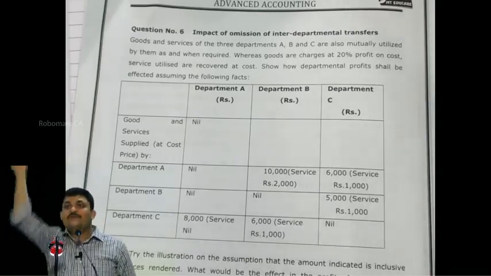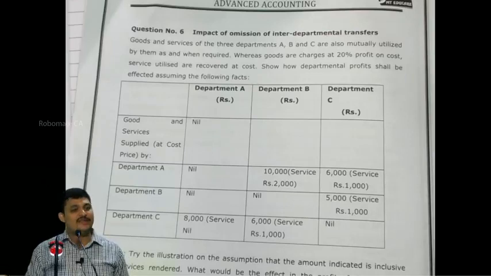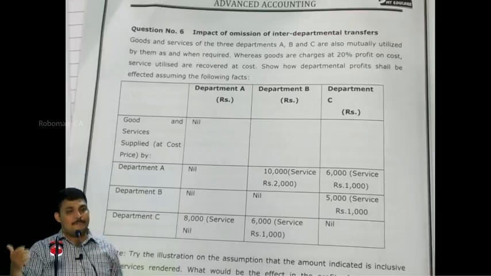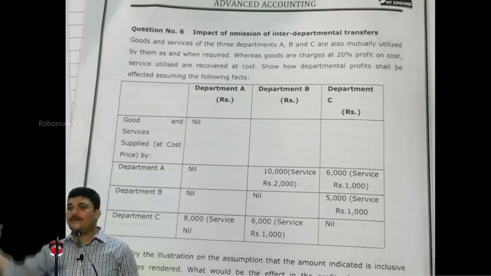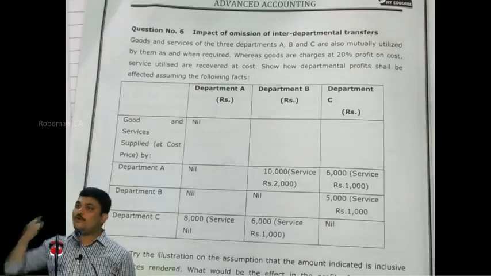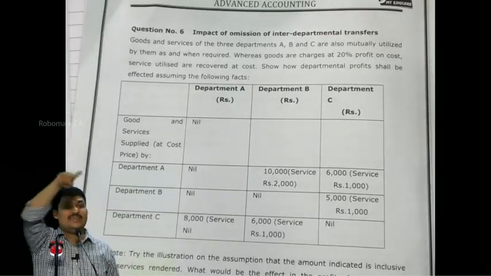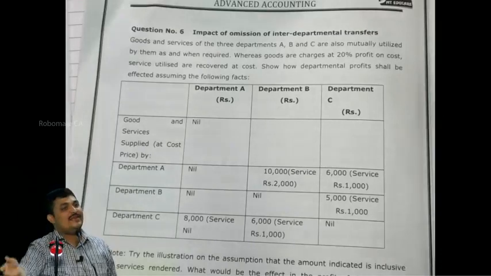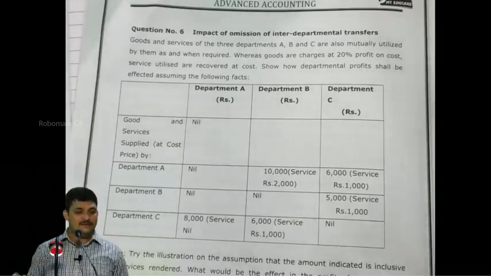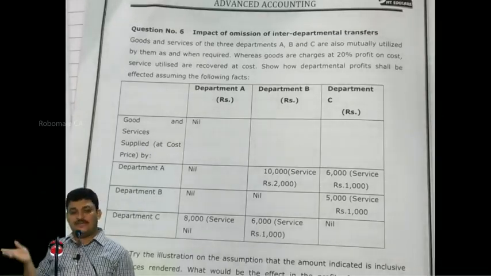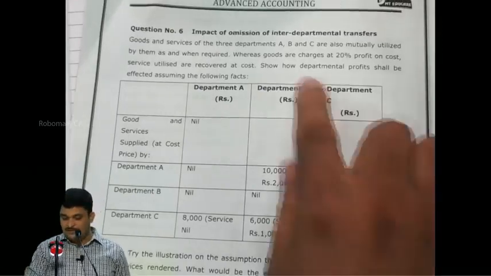Now if you take column-wise totals, you will get transfer in for A, for B, for C. Whatever you are transferring out is credit, transfer in is debit, find the net, and accordingly you can remark whether profit increases or decreases, that is what they are asking.